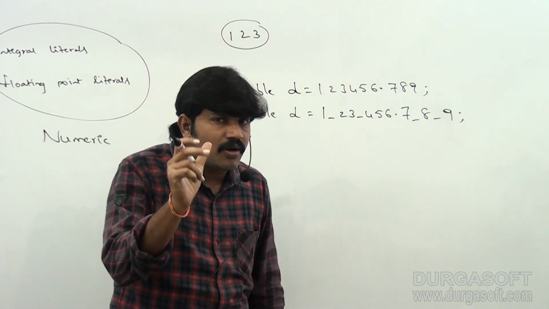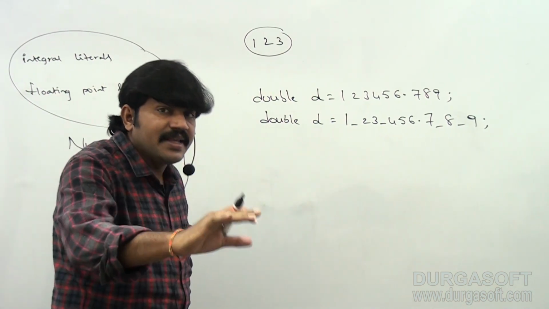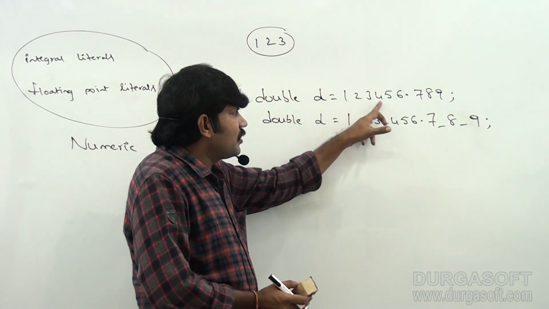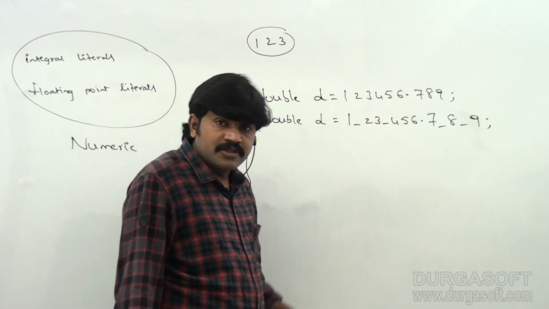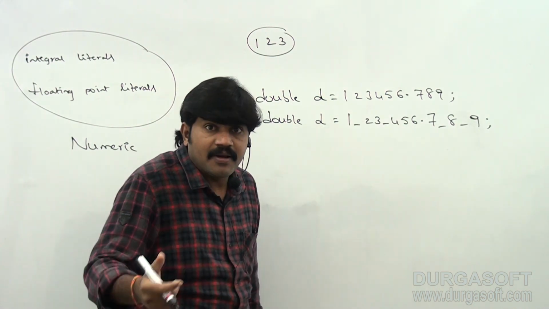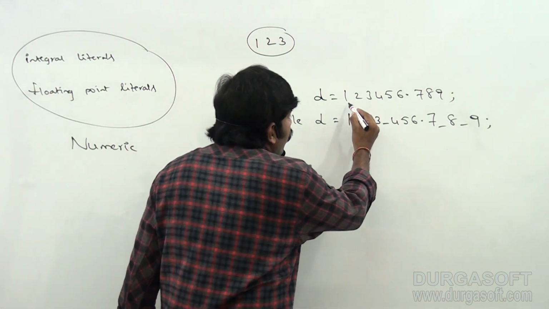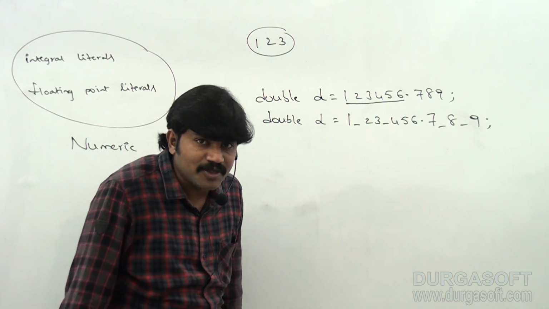Now I have one small important conclusion. In India we read this number as 1,23,456. But if you go to the US, America, they will pronounce this number as 123,456.